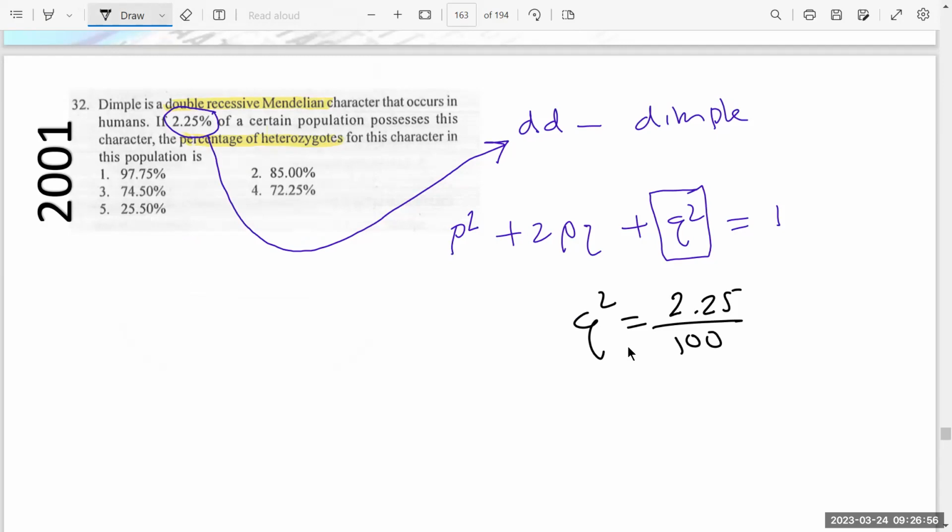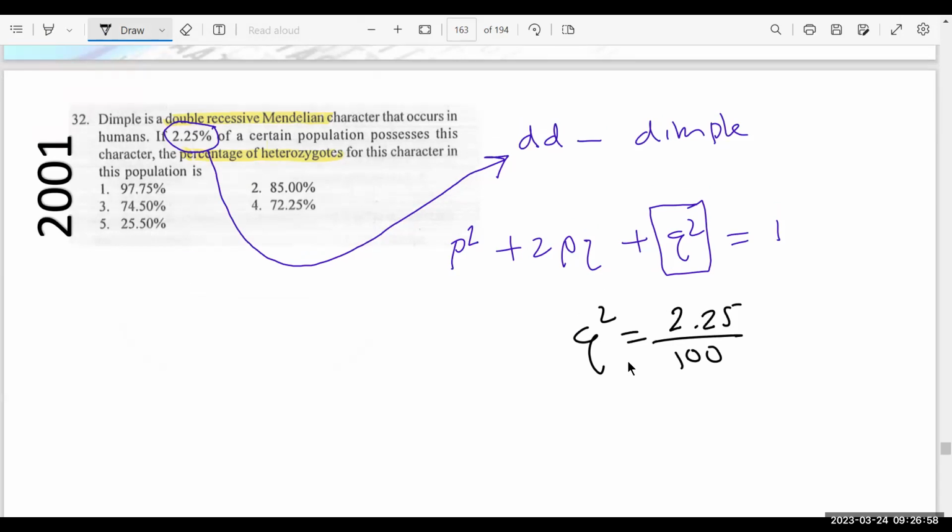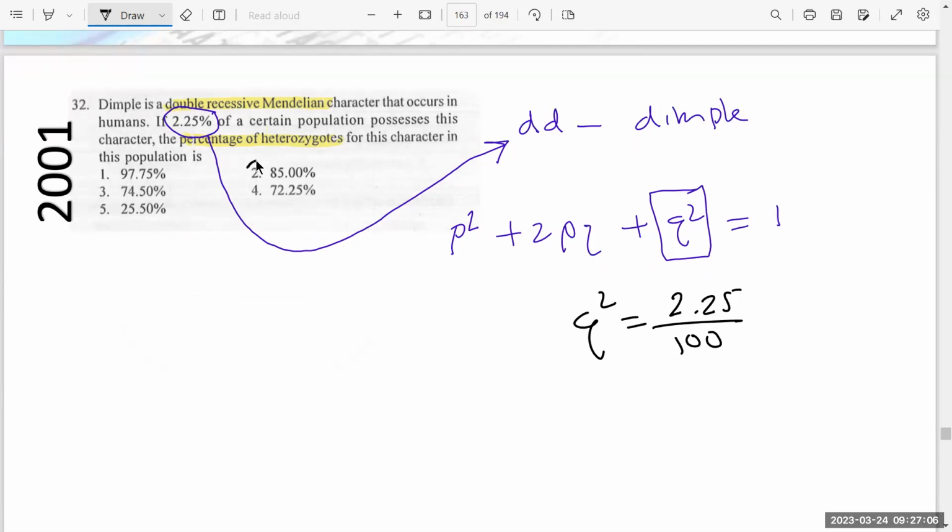Now can you find the answer? So let's see what q is then, right? So we have to find q. You should use the calculator for this one.